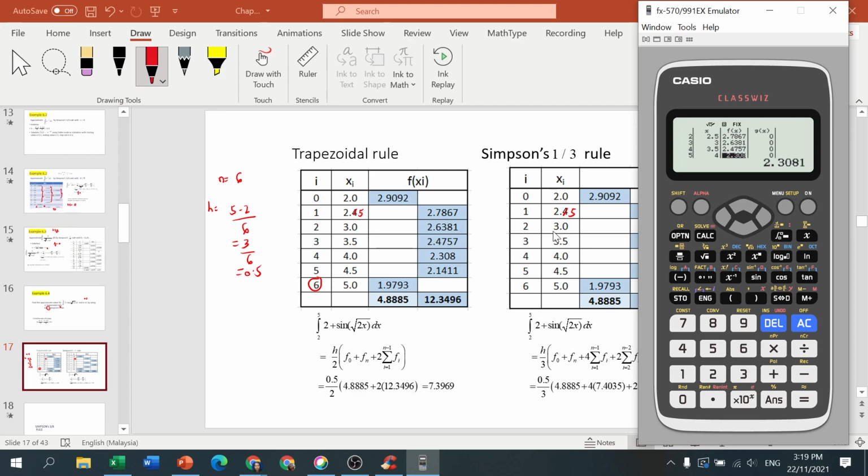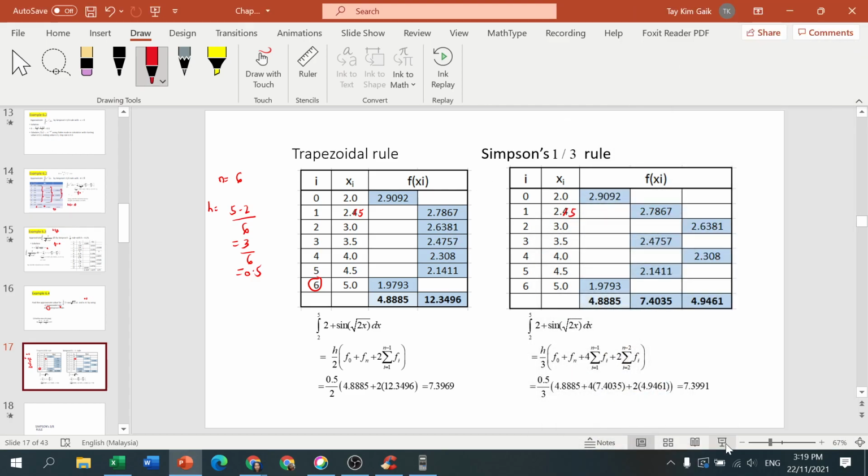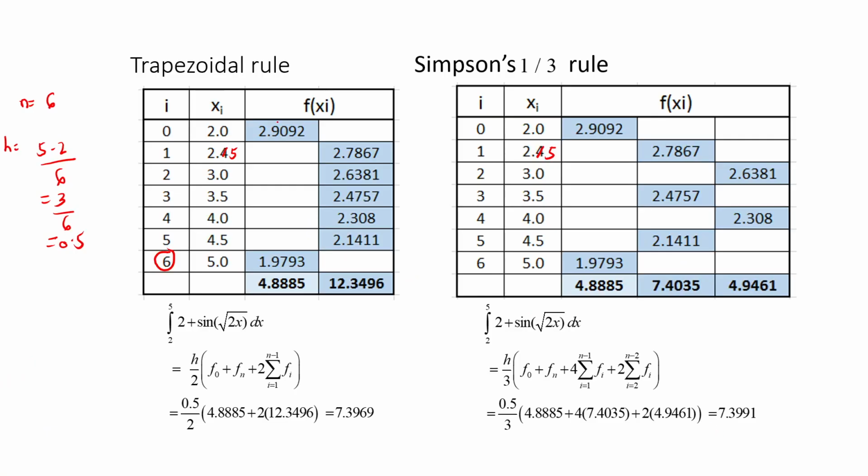For trapezoidal, the first column is the same as Simpson one-third. Only the second column, for trapezoidal rule only 2 columns. F naught, Fn, the first sum, other f in the second column. So you can see the trapezoidal rule compared with Simpson one-third. If you use Excel, you drag it until you get F6, then you select F1 to F5, move to the second column.